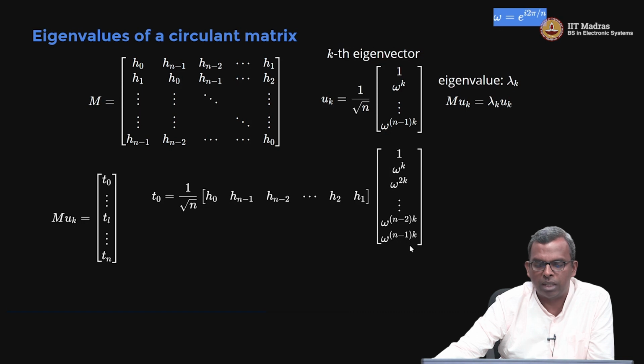Is that okay? Hopefully you are seeing this. The first entry of M uk is just the first row multiplied by this guy, and of course 1 by root n will come here.